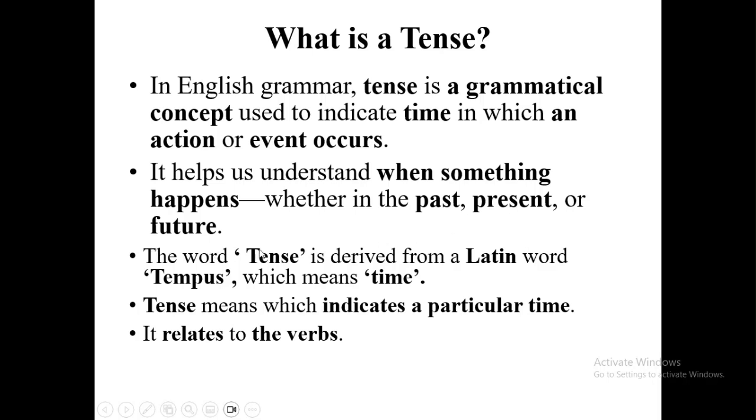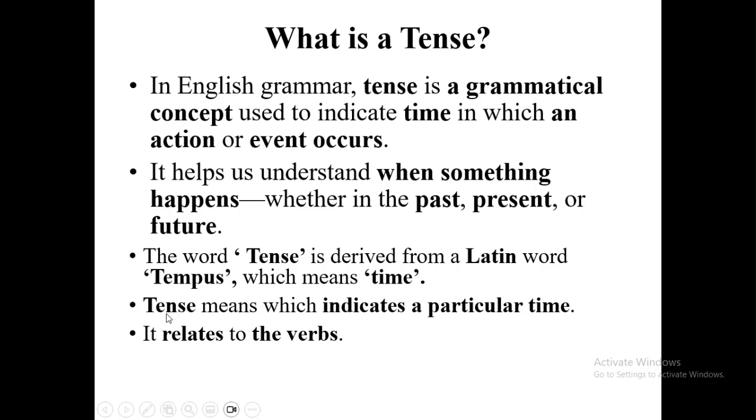So the word tense is derived, it originated from the Latin language, from the Latin term tempus. The word tense is derived from the Latin word tempus, which means time.